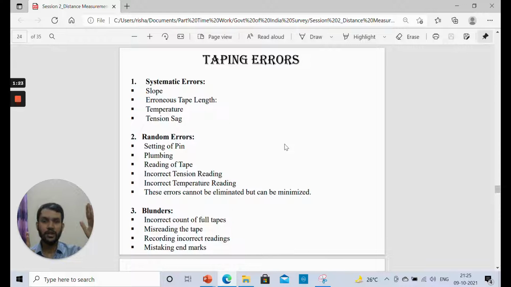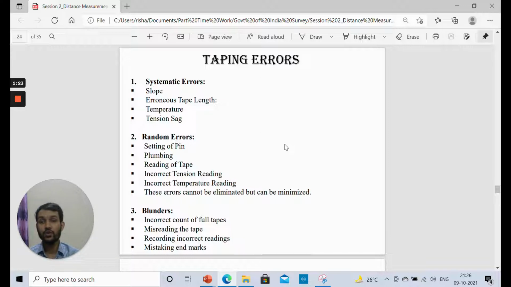With the help of a 30 meter tape, we are thinking that the horizontal distance between these 2 points is 30 meter, but the horizontal distance is even less than 30 meter. Why is it less than 30 meter? Because this hypotenuse is 30 meter, so the base will be even lesser. So we will have to apply that subtractive correction, and we can easily find that. I will tell you how we can account for these.